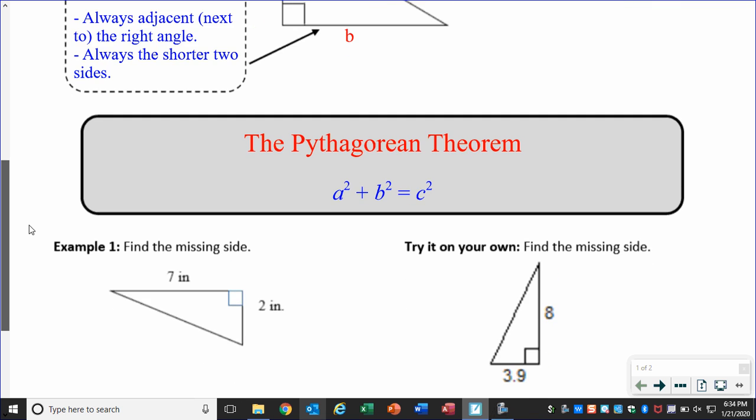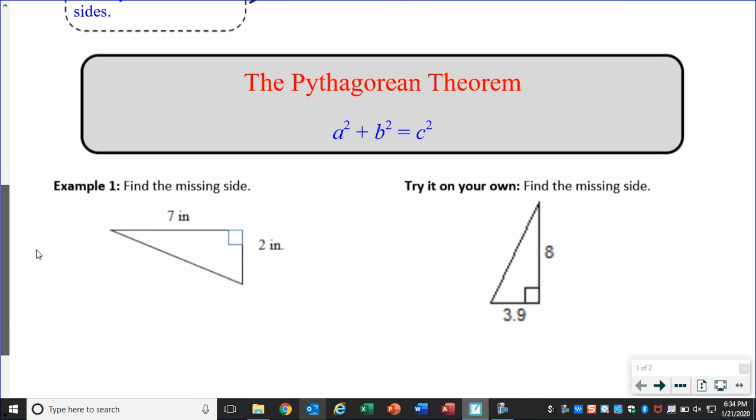In example 1, we are going to use this theorem to find the missing side right here. It's really important that you get the A, B, and C sides labeled. If we look at this triangle, this side is 7 inches, this side is 2 inches, and those two sides make this right angle here.